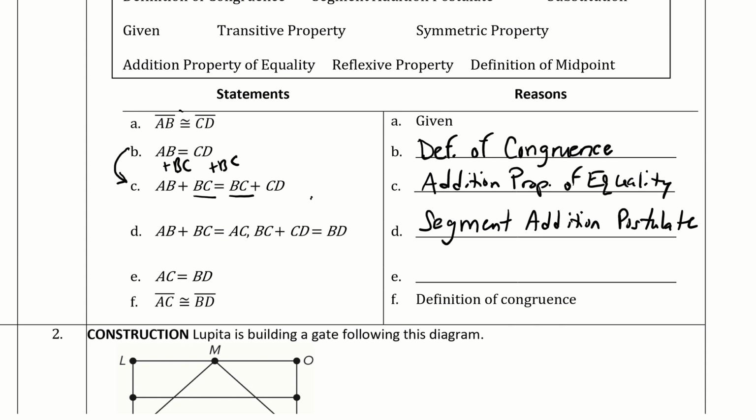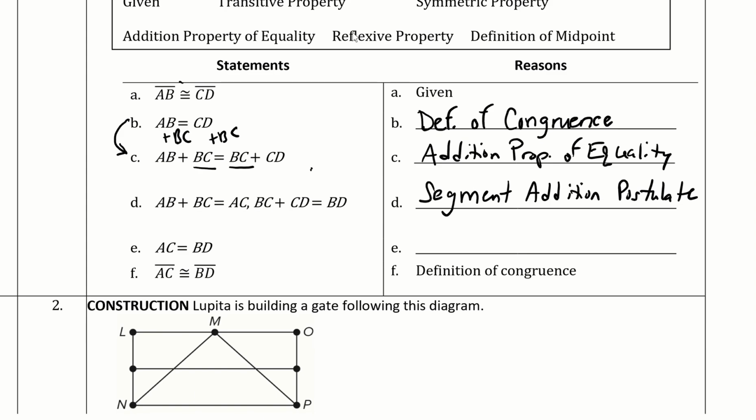And then for E, we have AC equals BD. Okay, so for this one, what we see is that we got AB plus BC, and what we can say is we can replace this with AC. And so we can replace that with AC in this equation.